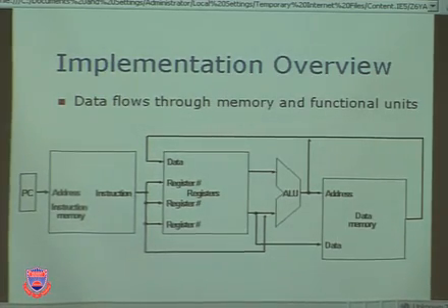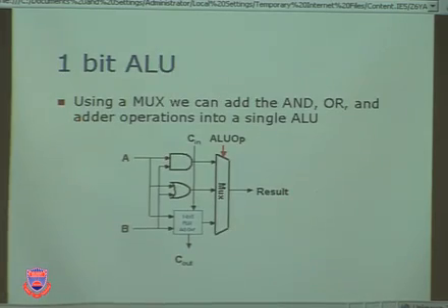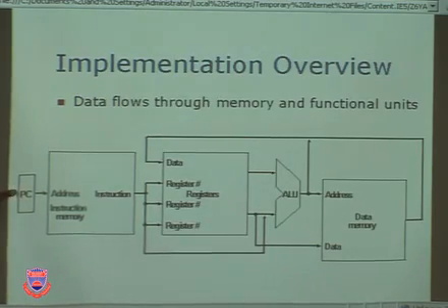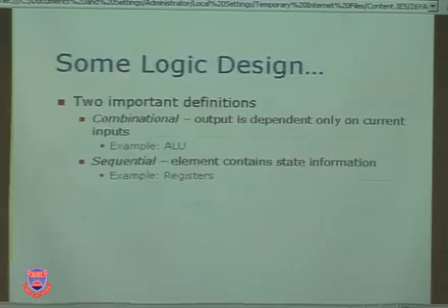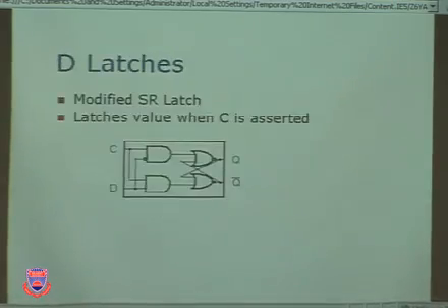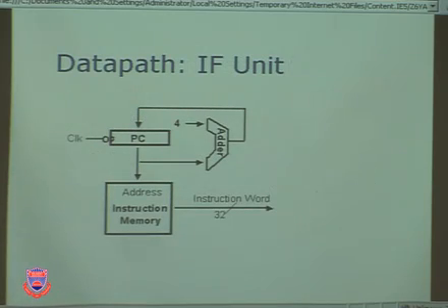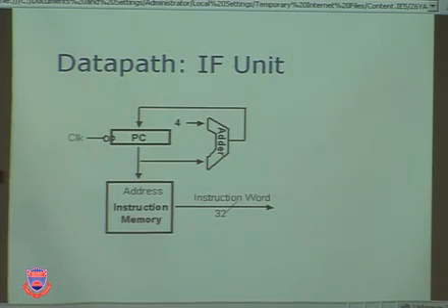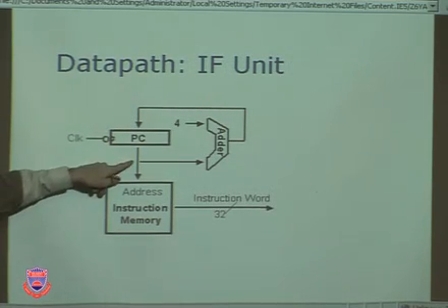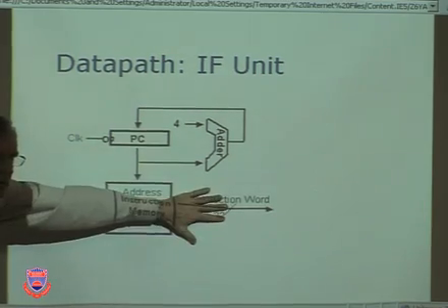So that was our real simple model. And then we said, yeah, but that always gives the same value. Does anybody notice this just stays static? It doesn't ever change. So we said, let's upgrade that a little bit. Let's have a way for the PC to add 4 to itself and become a new value. So we take the PC and we send it to the instruction memory, and out comes the instruction. That's the same.